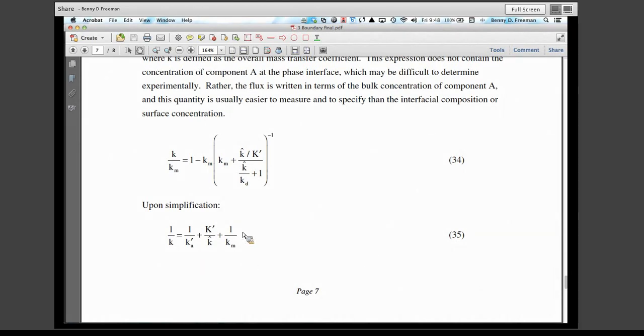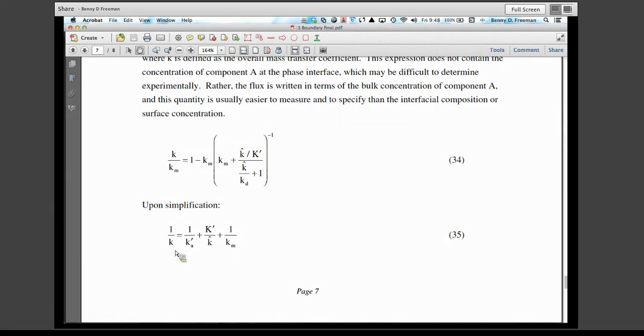One is the mass transfer resistance in getting the component A from the bulk fluid to the phase interface. Another resistance is provided by the rate of chemical reaction at the surface of the phase interface, or at the catalytic surface. And a third resistance to mass transfer is given by the adsorption phenomena, or the rate of adsorption.